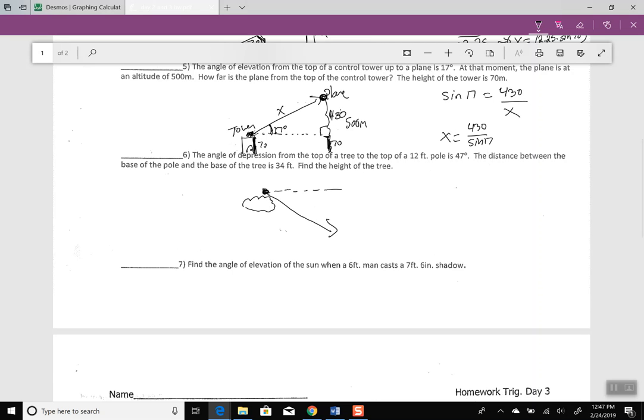So we have a tree, to the top of a 12-foot pole. So I have a 12-foot pole. The angle of depression is 47 degrees.